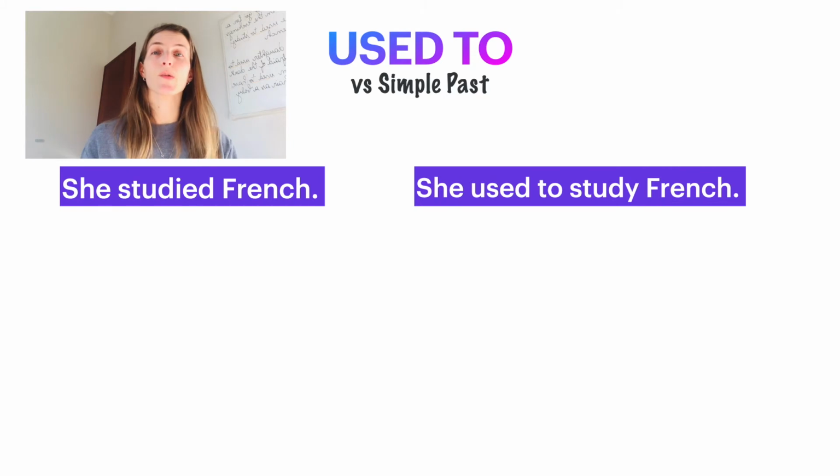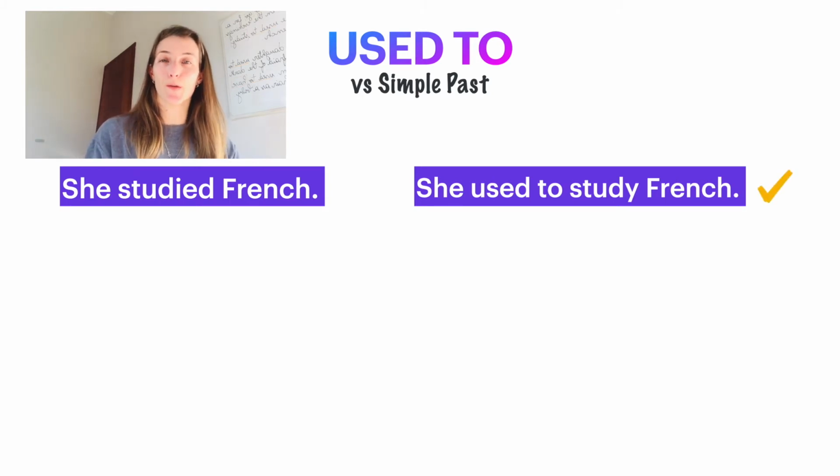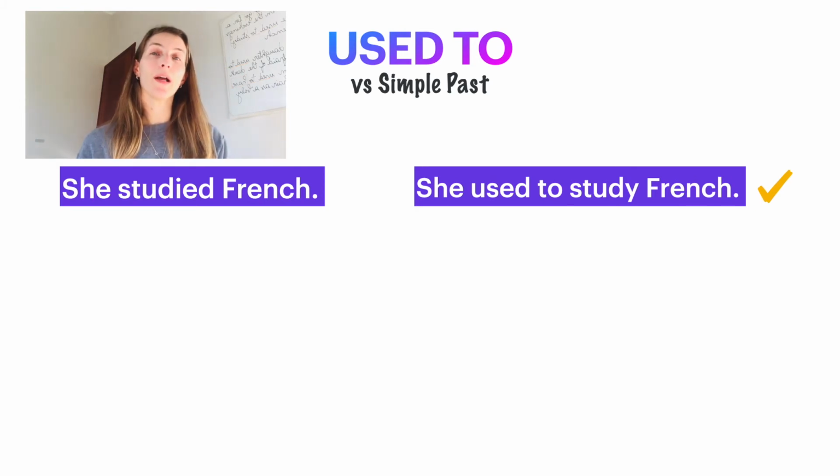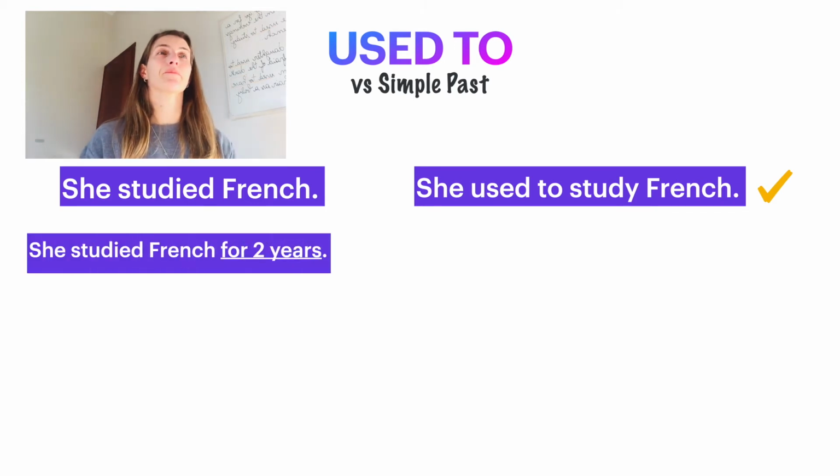So I can also say, she used to study French. So in this case, it's okay to use used to, right? Ambos, el pasado simple o used to, nos van a hablar de algo habitual en el pasado que ya no es real.